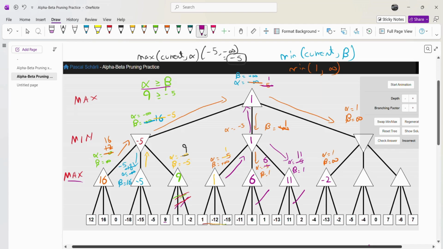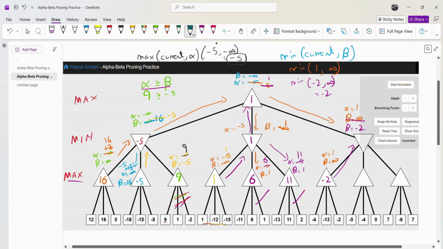Now this negative 2 is the current value, and it gets sent to its parent. Its parent is a min node, and the min node has positive infinity as the value of its beta. So we are going to see what is going to be the min between negative 2 and positive infinity. So it is negative 2. Hence this beta becomes negative 2.